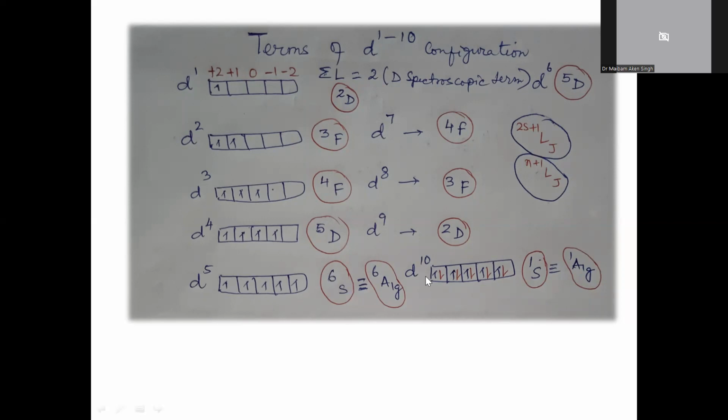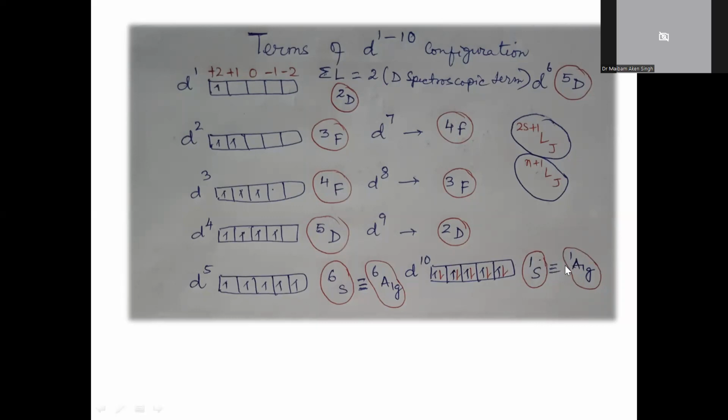In the same D10 also, all of this gets cancelled. That is why it reflects the L value 0, means S. There is no unpaired electron. It is 2S plus 1, and from that value only we get 1. That is 1 multiplicity, singlet.